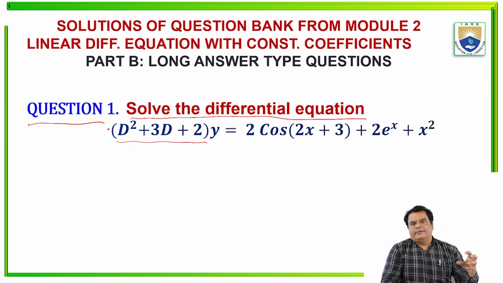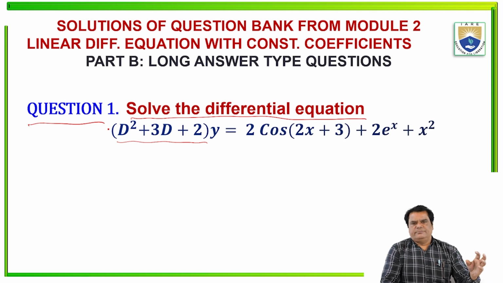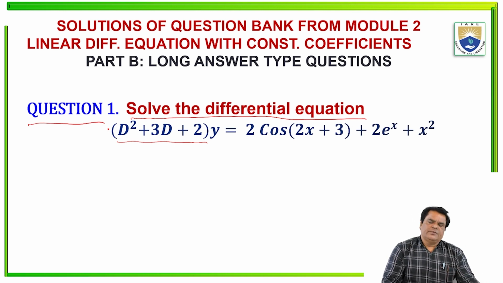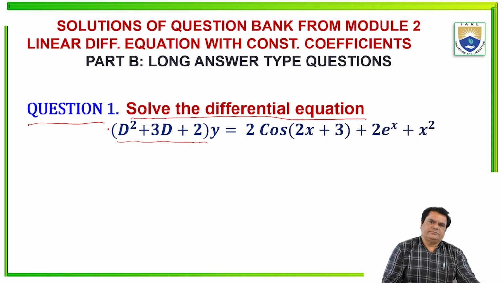Each term on the left hand side has differential coefficients multiplied by constants or numbers. Numbers are also constants. And on the right hand side, there is some function of x.